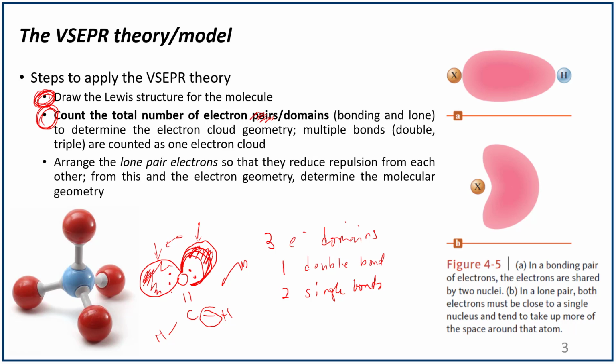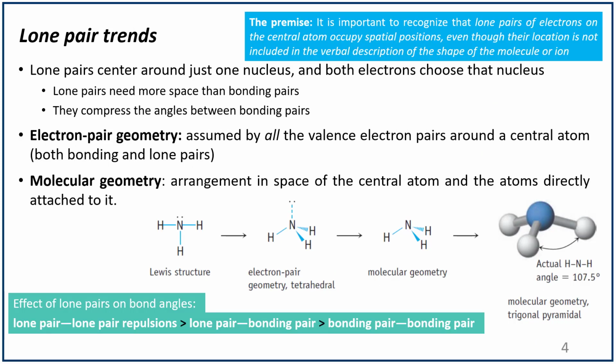Now, they don't want to be near these 4 electrons in this double bond, and that double bond doesn't want to be near this or this pair of electrons in the single bond. And that's what VSEPR theory predicts. So the VSEPR theory predicts that lone pairs will repel lone pairs at a greater degree.